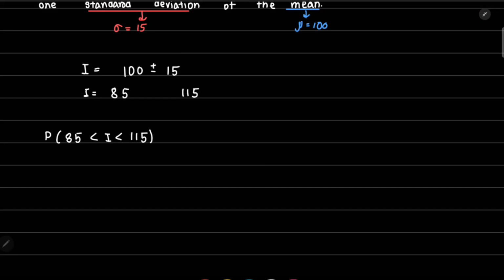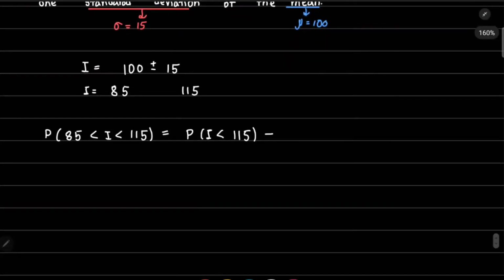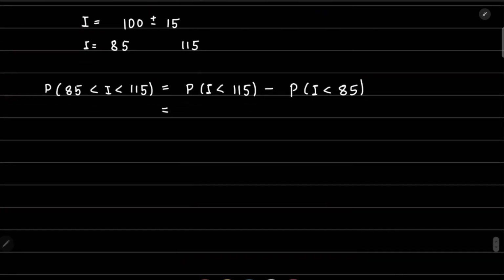I can just convert both values into Z. So I first apply the formula for a combined inequality where I is between two values. This is what we get. From here I can convert both of them into Z values.